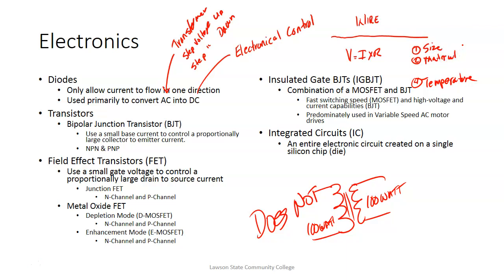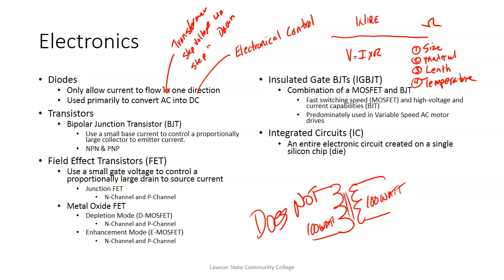Well, this is wires. What we're trying to do is determine the resistance of the wire. It's the size. It's the material. Length. So these are the 4 things that determine the resistance of a wire.